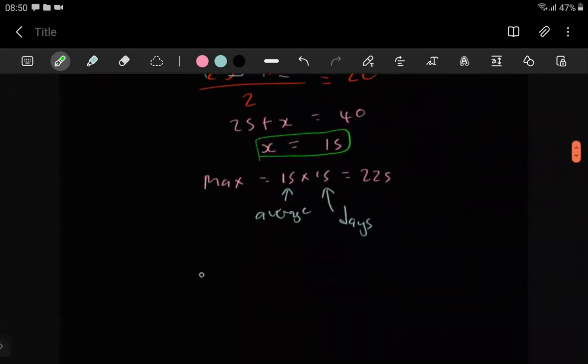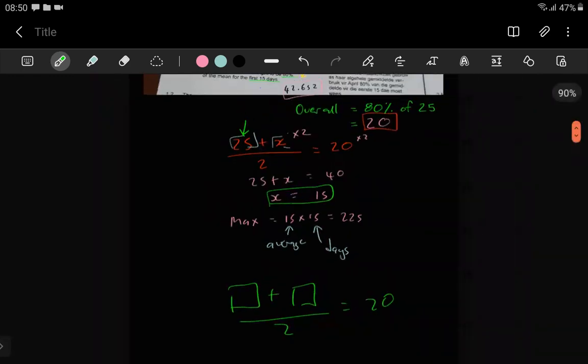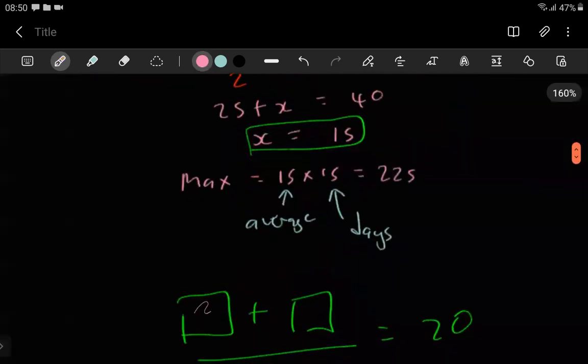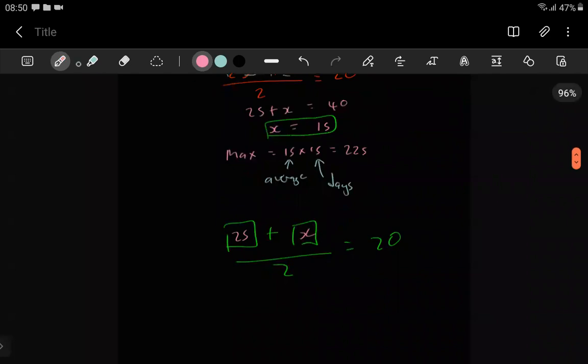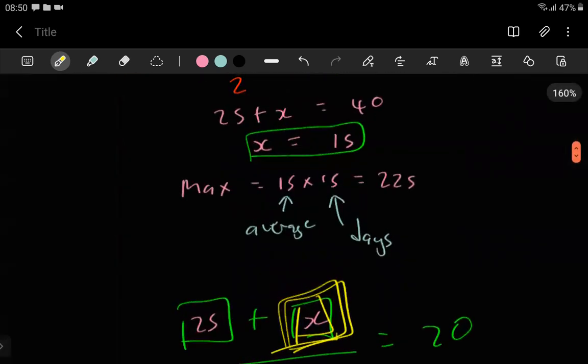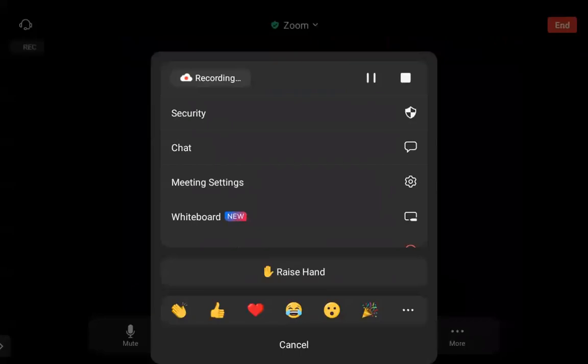Because this is to say the first 15 days and the other 15 days, the average between them should be 20. But we know what this average is, and we don't know what this average is. So as long as we know the average for the second batch, we can just multiply that average by the number of data. Then that's going to give us 225.